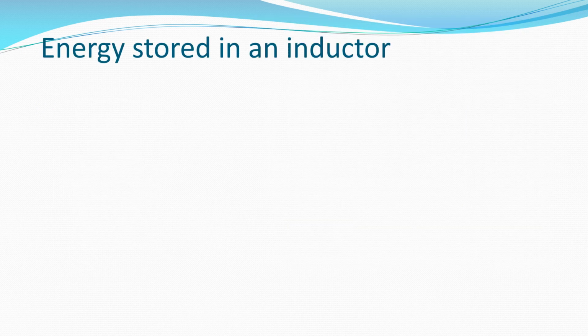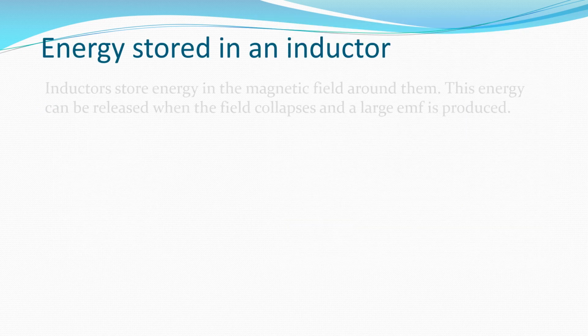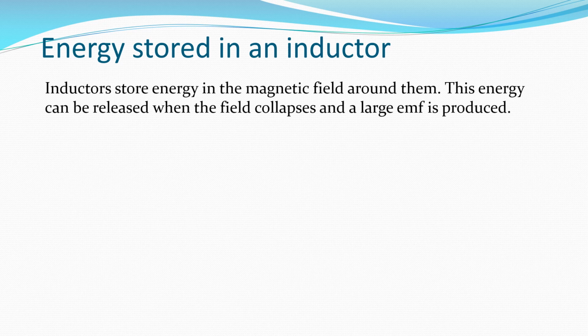Energy stored in an inductor. Inductors can store energy in a magnetic field around them, which is different to the way that energy is stored within a capacitor. This energy is then released when the field collapses and the large EMF is produced. So we have energy stored within the magnetic field. That energy has come from the moving current going through it.